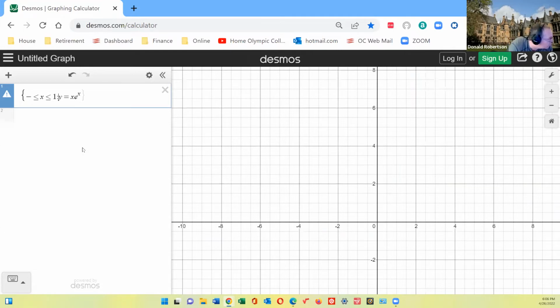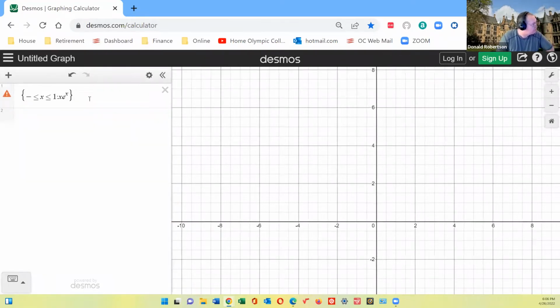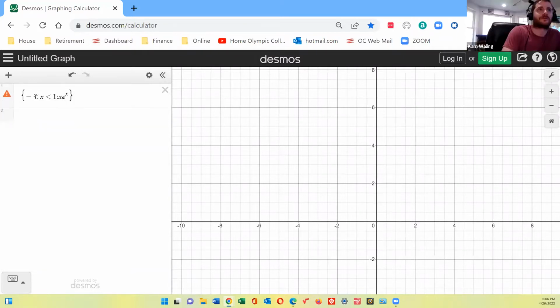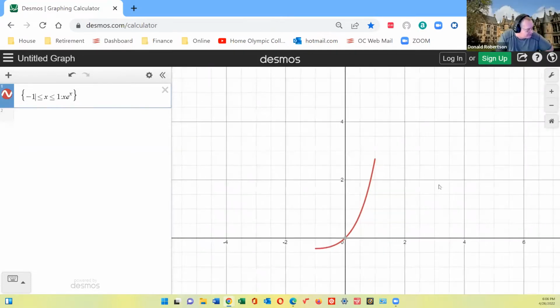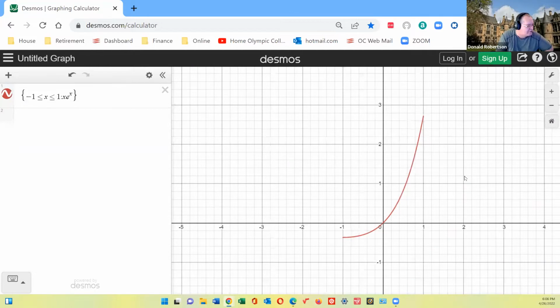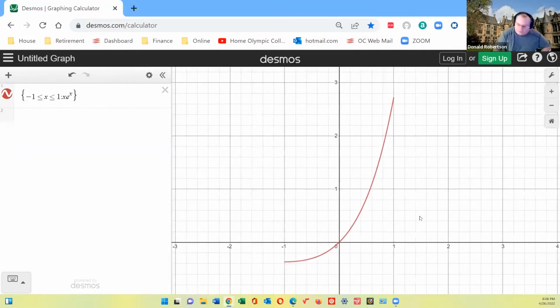Then you put a colon and you rub out the y equals. It doesn't actually want them. And then I should be able to put in a curly bracket. What have I done now? -1. Oh, thank you. I thought I typed it. There we go. Now, it just is a little bit easier to focus if there's only a bit of the curve.